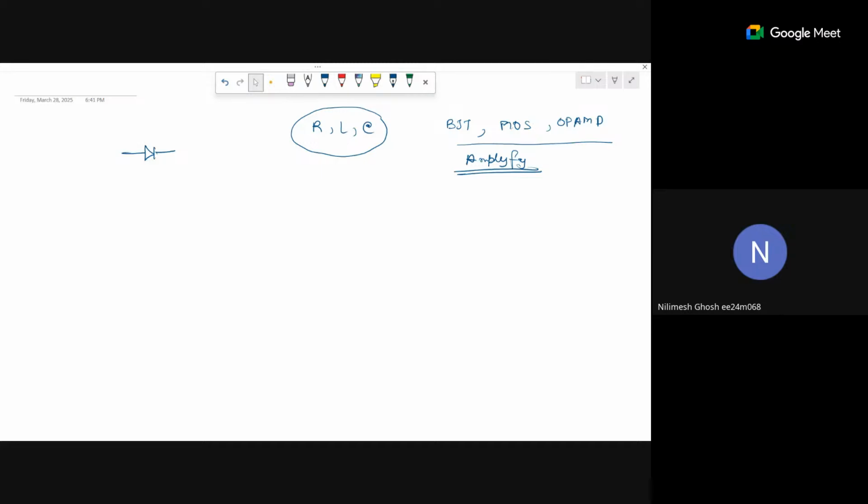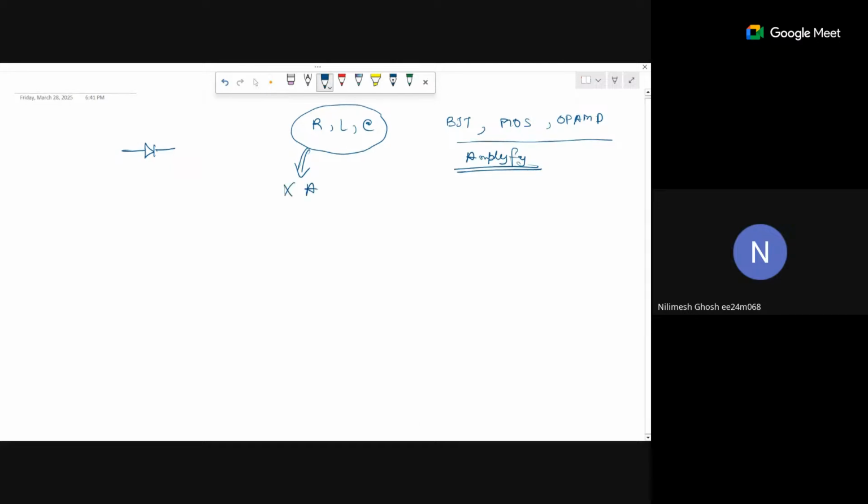That's the correct answer: as an amplifier, these particular components are needed. So you are saying that we can't make an amplifier with R, L, and C. Then why is it so? And why can you make an amplifier with these circuits? These concepts should be in mind while studying this.